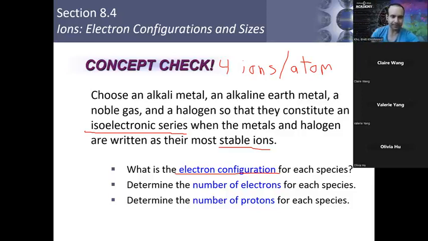We want to make sure that the potassium is a +1, calcium is a +2, and Cl would be a minus. And so in reality, all of these would have the same number of electrons in each, since it is isoelectronic. The number of protons, however, would be different, right? That's the identity of the atom, is the number of protons that it has.